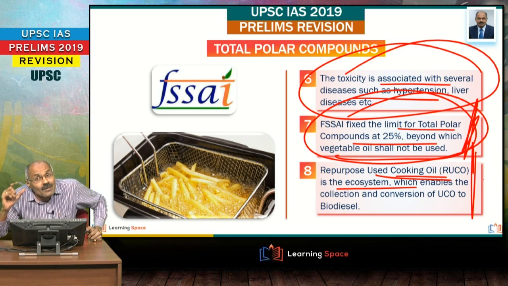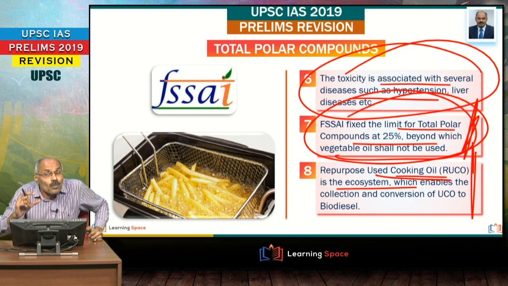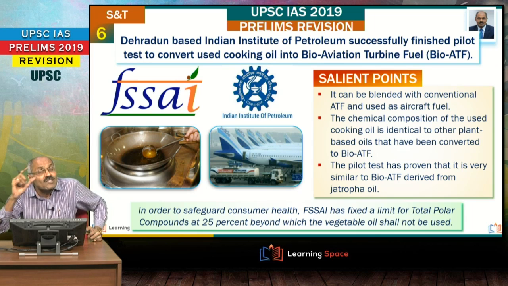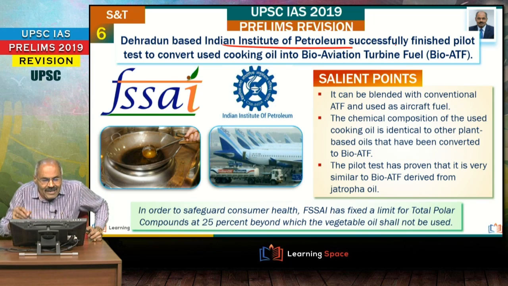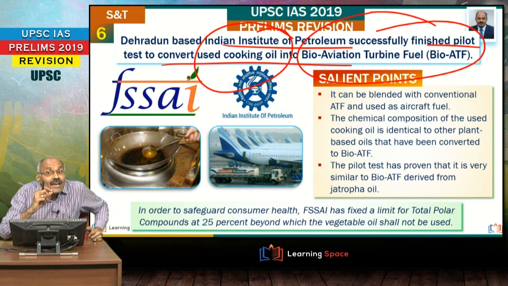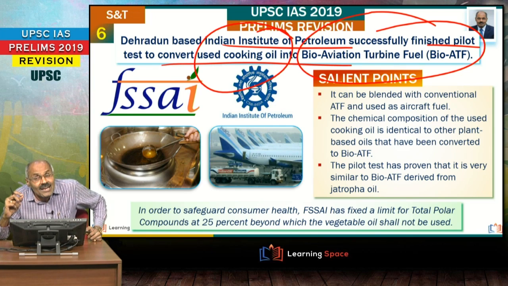This enables collection and conversion of the used cooking oil into biodiesel. One such experiment was done recently. Dehradun based organization Indian Institute of Petroleum finished a pilot project to convert used cooking oil into bio-aviation turbine fuel.